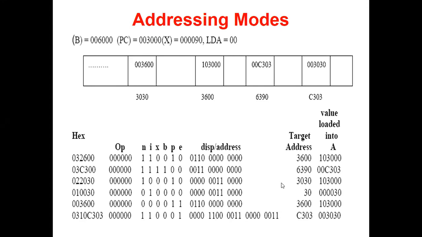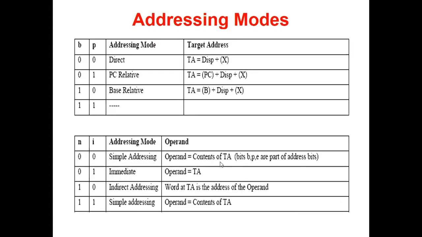You are right, because if n is 1 and I is 0, according to the table, that is indirect addressing. The word at the target address, which is the same as saying the contents of the target address, is the address of the required operand.